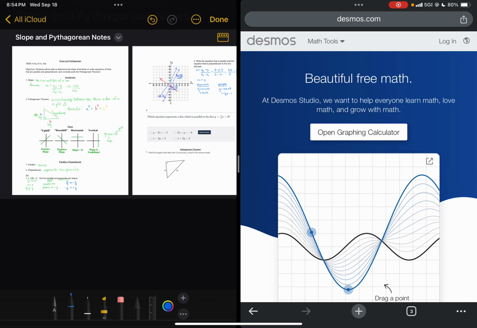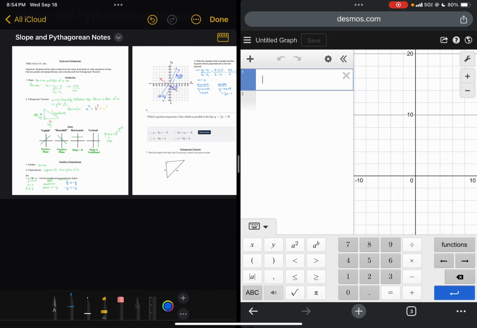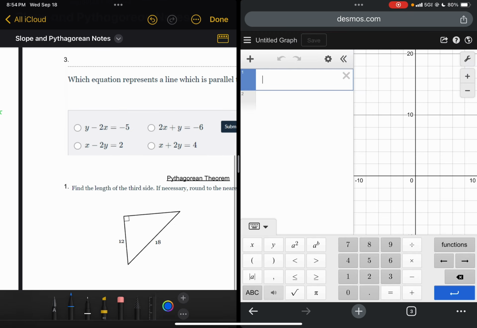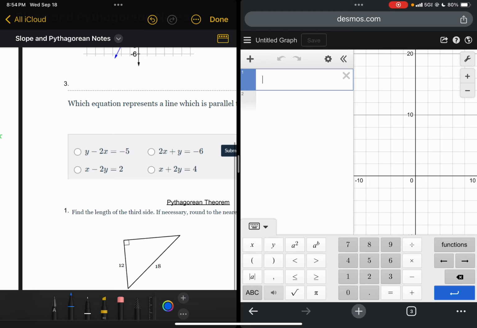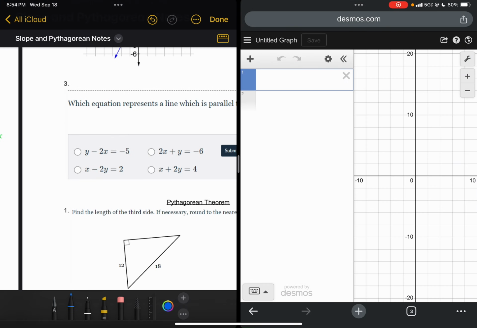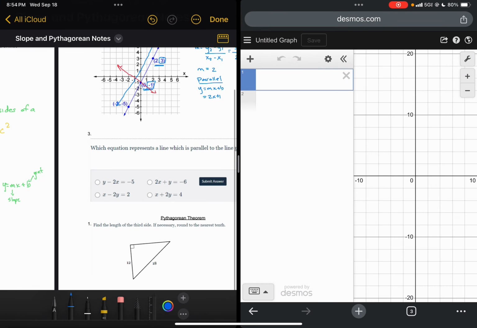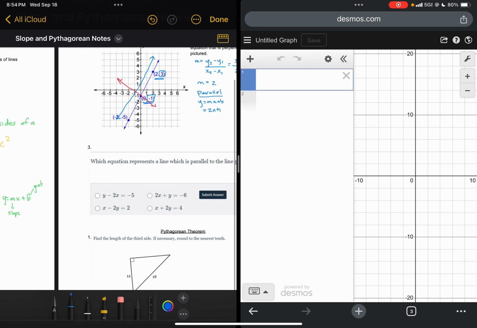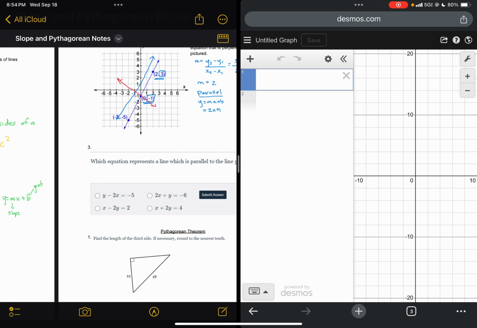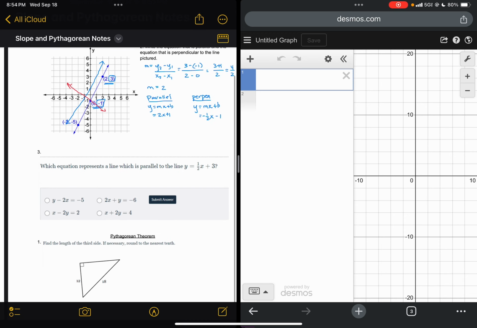Oh, what have I done? Open Graphing Calculator. I don't know what I've done. Y'all, this is just not going the way that I want it to. There we go.